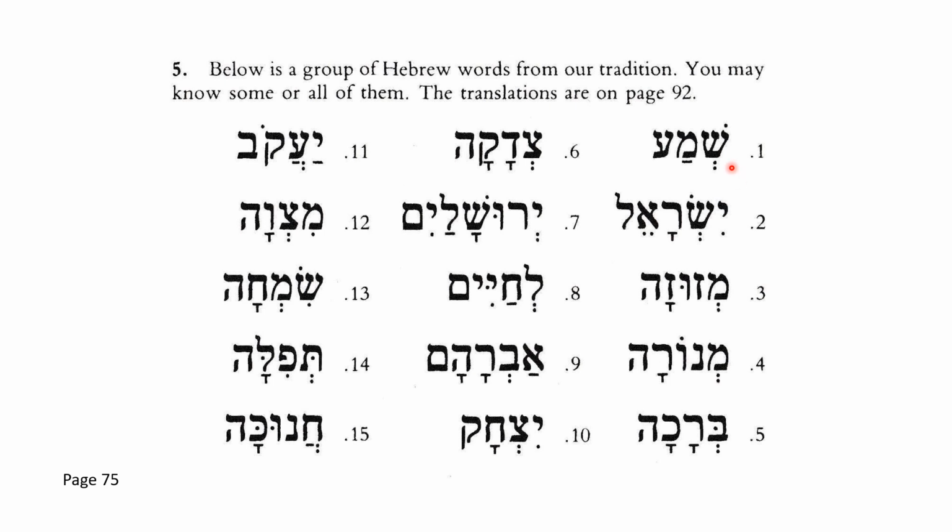So here we have Shema, Yisrael, mezuzah, menorah, beracha, tzedakah, Yerushalayim.